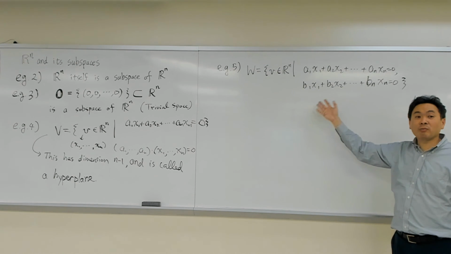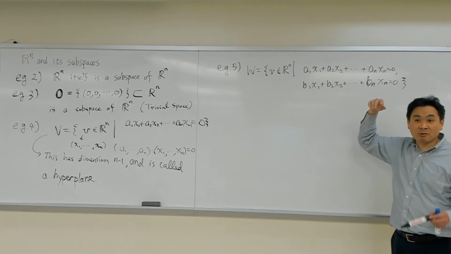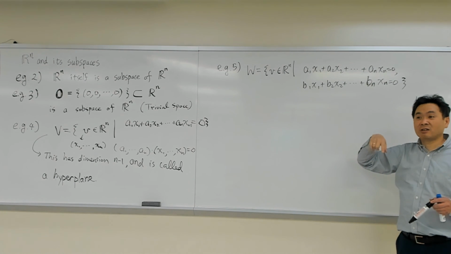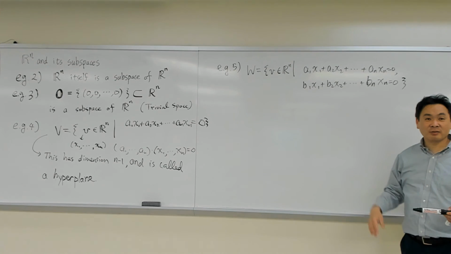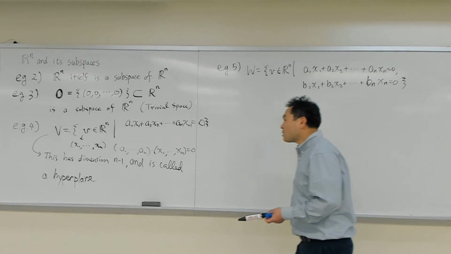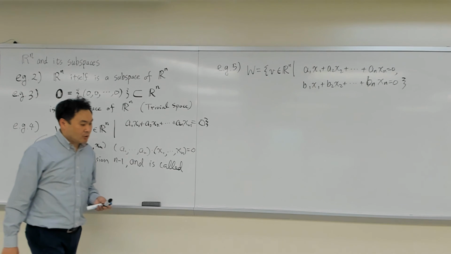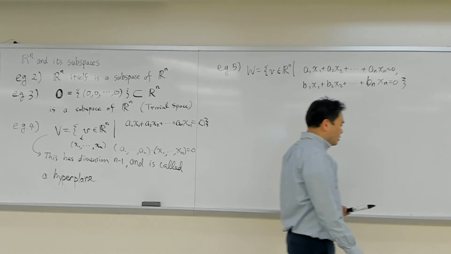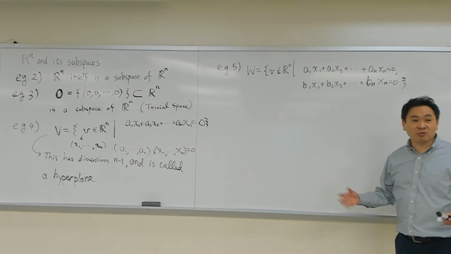dimension n minus 2. Every time you impose a condition, the dimension goes down by 1, and as you impose more conditions, the dimension goes down further, right? And the problem is, we really haven't defined what a dimension is. The intuition of the dimension should be obvious to you, right?